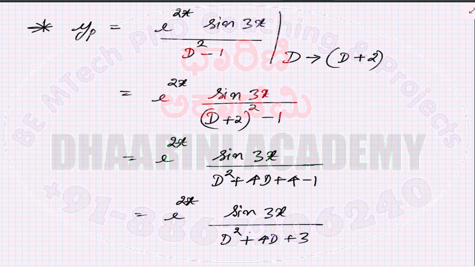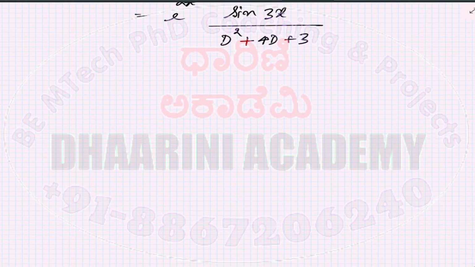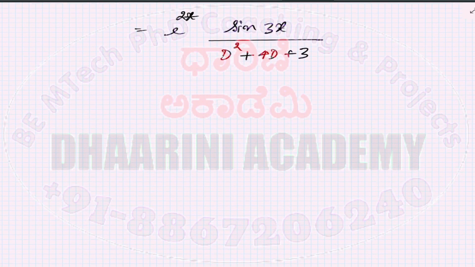All right, now we can see that this function, sine 3x by D square plus 4D plus 3, is just a type 2 question. So how do we solve the type 2 question? Type 2 can be solved easily using this technique. That is, replace D square by minus of a square, which is minus 9.